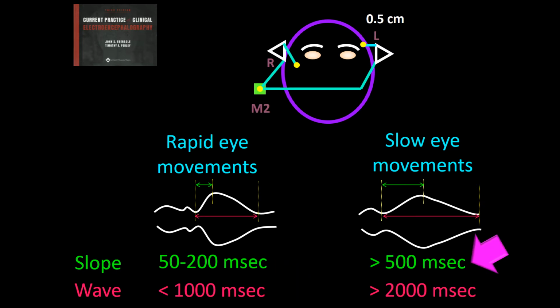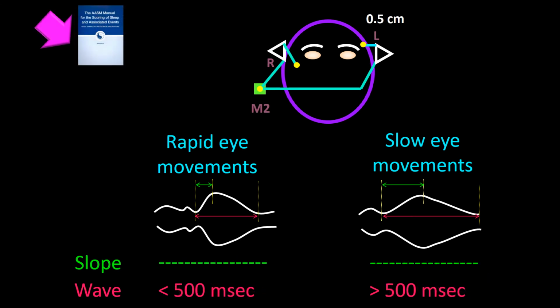Slow eye movements are defined as having a slope of more than 500 milliseconds and lasting more than 2 seconds.